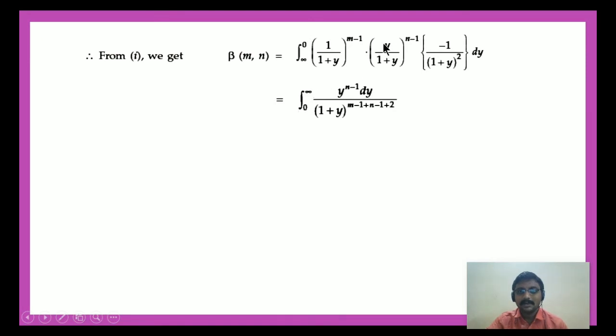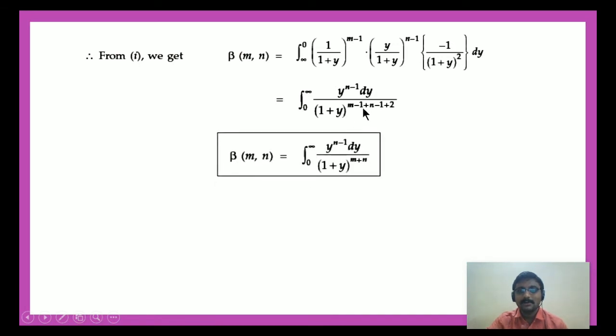And y power n minus 1 as the numerator, the denominator value becomes 1 plus y power m minus 1 plus n minus 1 plus 2, that is (1 plus y) whole power m minus 1 plus n minus 1 plus 2. Minus 2 plus 2 get cancelled. So thus we will have y power n minus 1 upon (1 plus y) whole power m plus n dy.